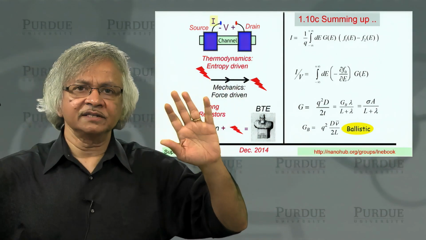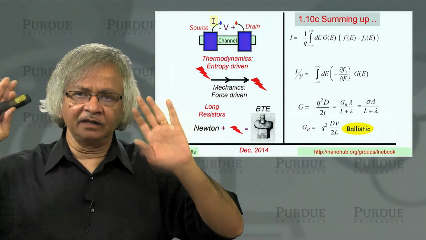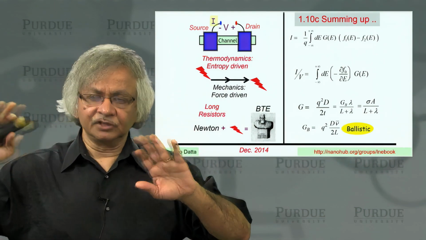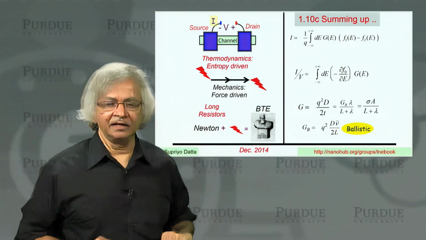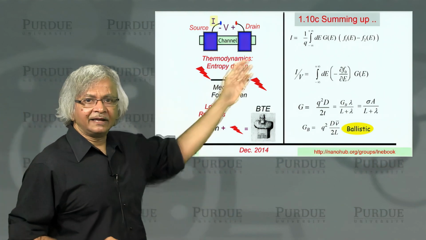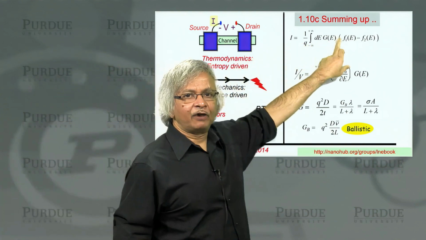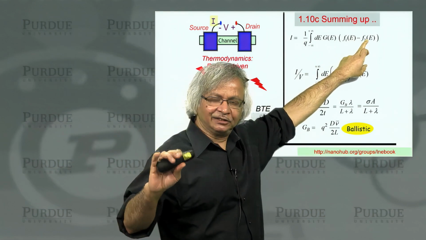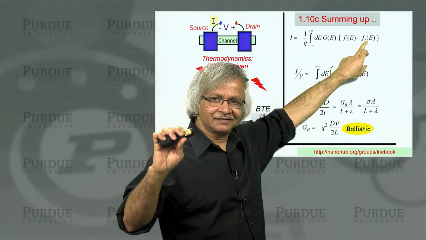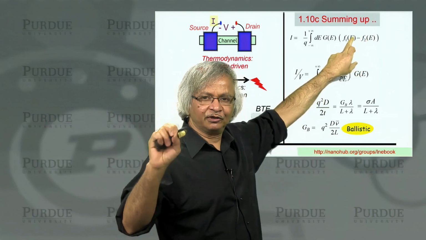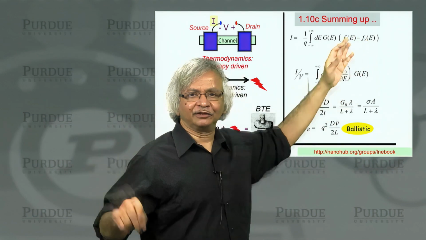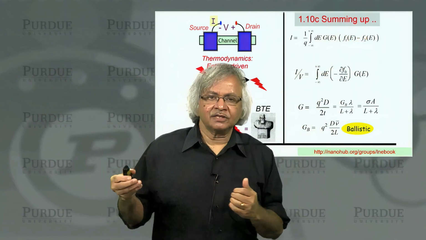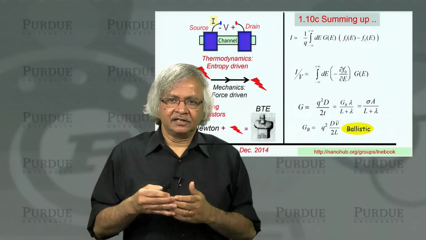What they do is maintain the contacts in thermal equilibrium. It's very complicated processes that maintain it in thermal equilibrium, and that's what is reflected in this F1 and F2. So just by legislating that the electrons in the contacts are distributed according to the Fermi function, we took care of the thermodynamics.